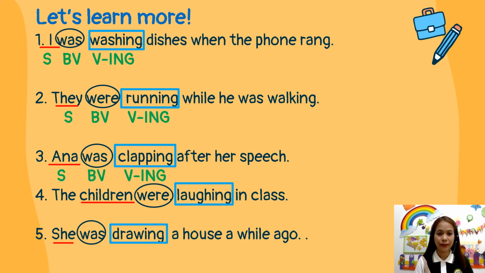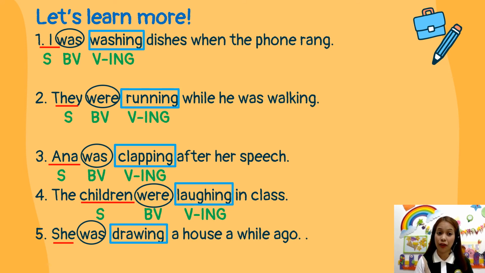Number 3. Anna was clapping after her speech. Your subject is Anna, so your be verb is singular, was. Clapping is your verb ing. Number 4, the children were laughing in class. Your subject here is children, which is plural, so your be verb is were.